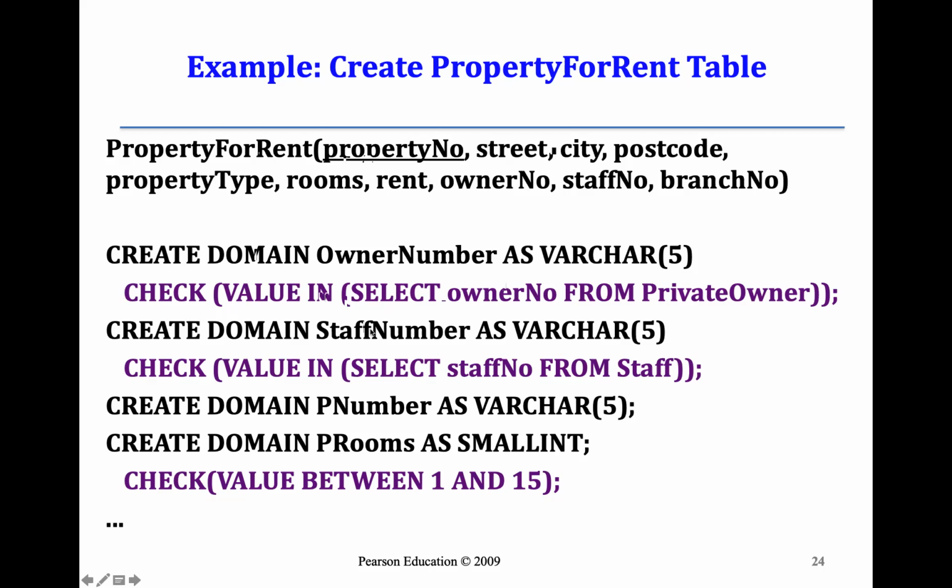I'm going to create a domain for staff number, so I can only reference valid staff numbers. Then I create a domain called P number as a varchar, for no particular reason. And I create a domain property rooms as a small int, and I check that the value is between 1 and 15. So here I'm restricting the number of rooms in the property to be between 1 and 15.